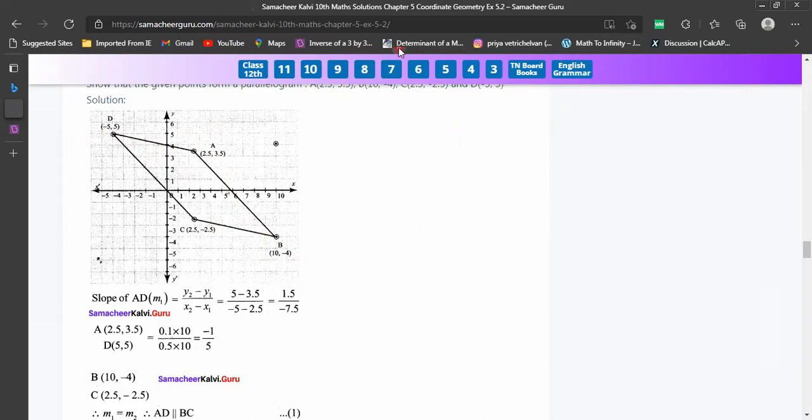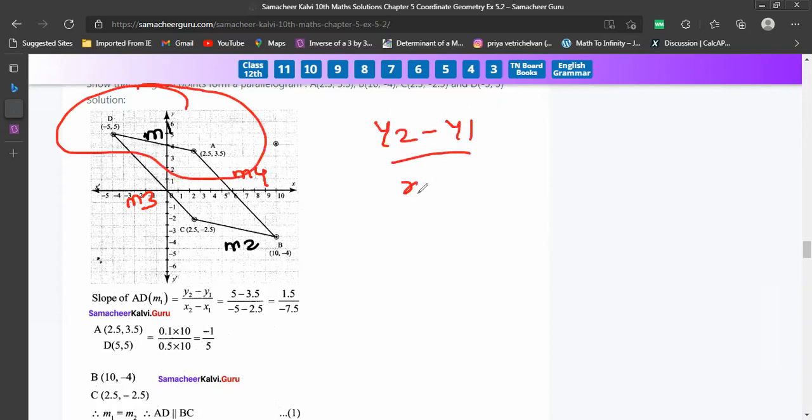Okay. So you have to prove M1 is equal to M2 and M3 is equal to M4. You know how to find the value of M1 by using this formula. Is it clear? Yeah. Okay, try one condition. Just check whether M1 is equal to M2 or not.